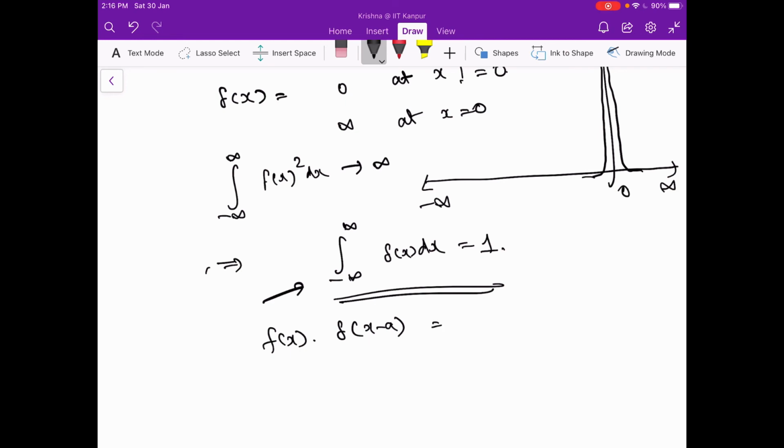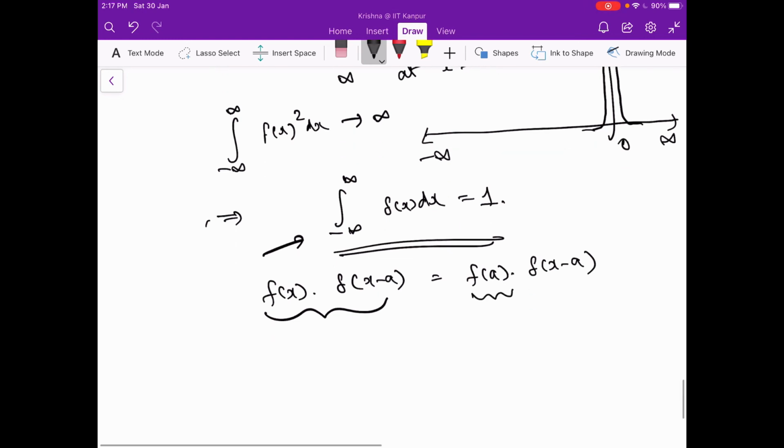Which will be f of a into delta of x minus a. So this means that this multiplied function will be 0 everywhere, and at x equal to a, it will not be infinity, but it will be f of a, right?